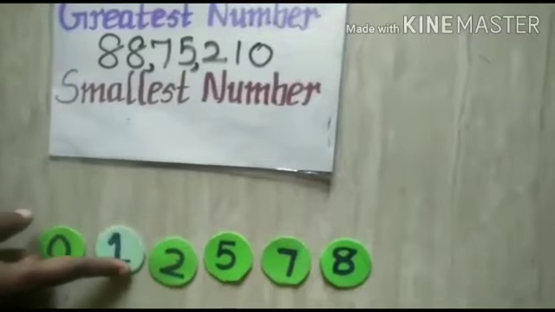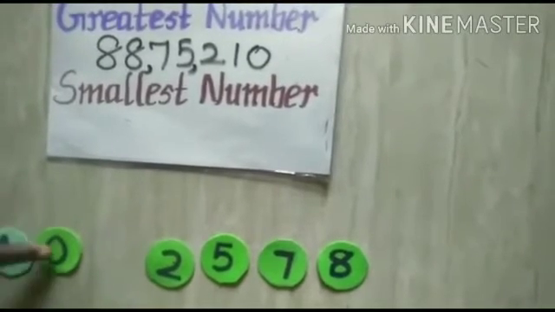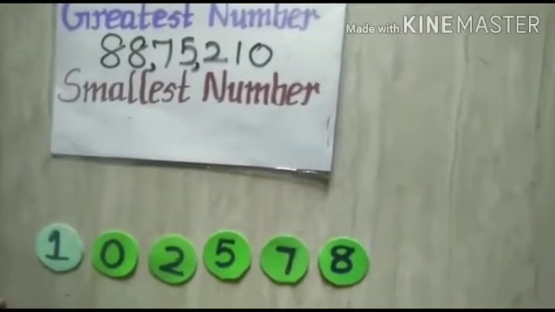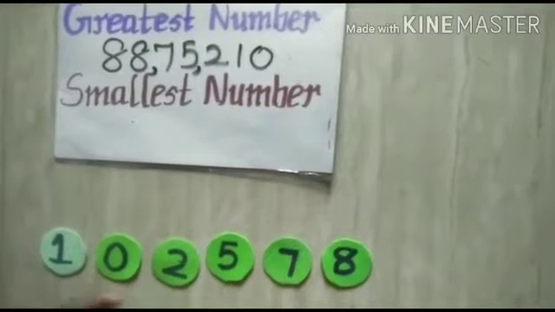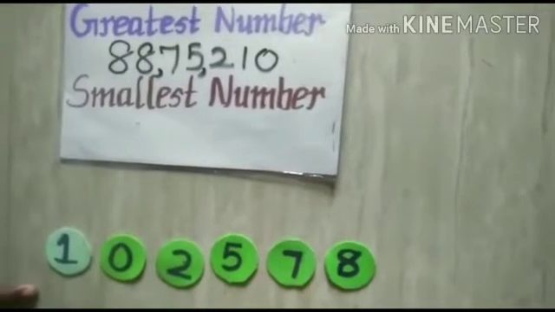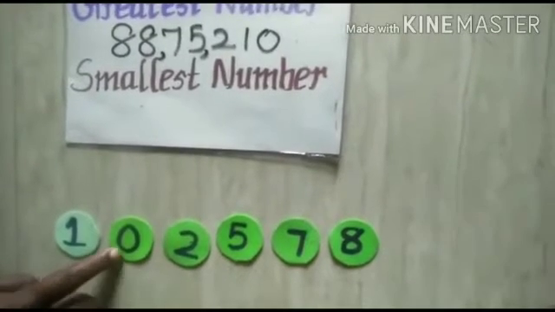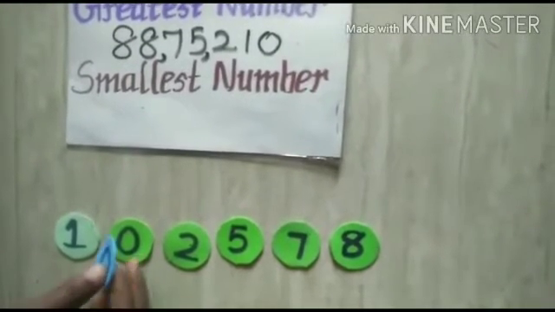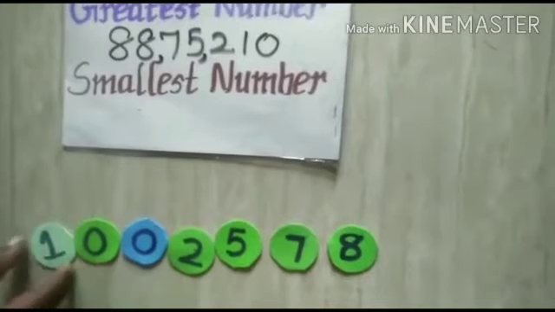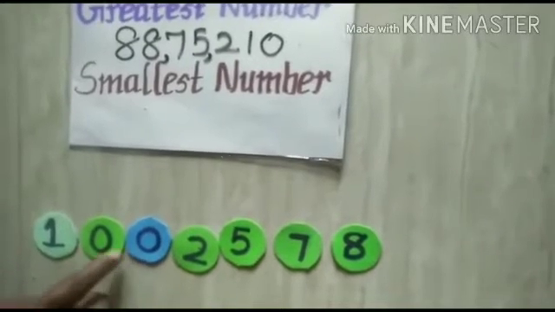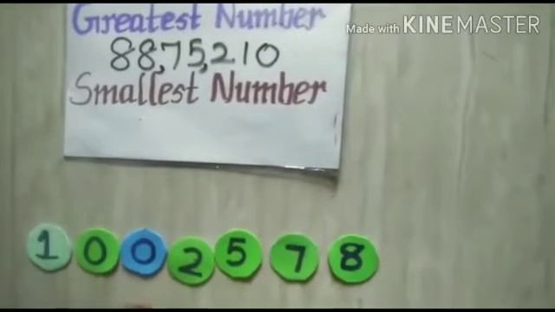So what I am doing, I am keeping 1 here and arranging like this. Still I could not get the 7-digit number. So which number do I have to repeat? We have to repeat the number 0, since 0 is the smallest among these.